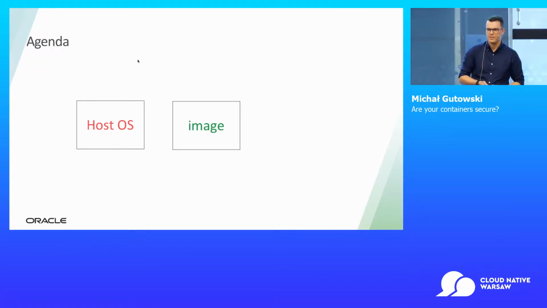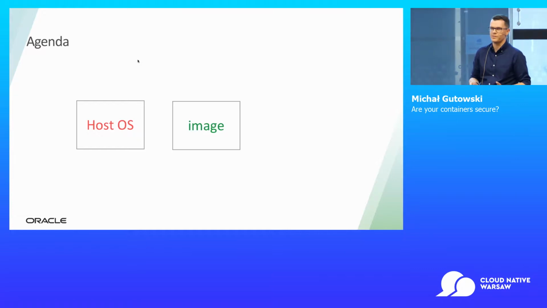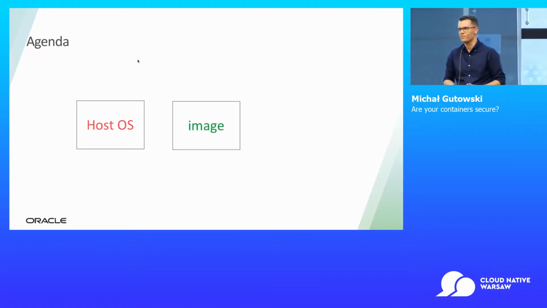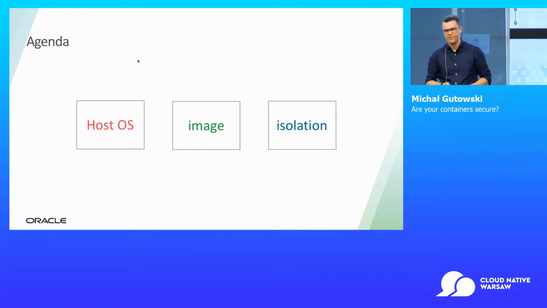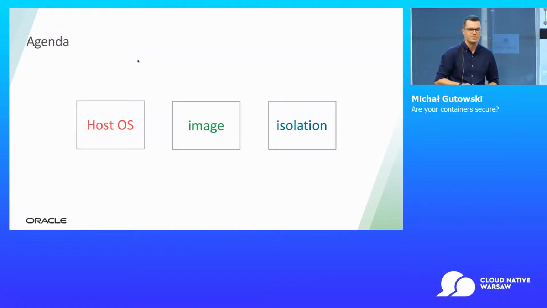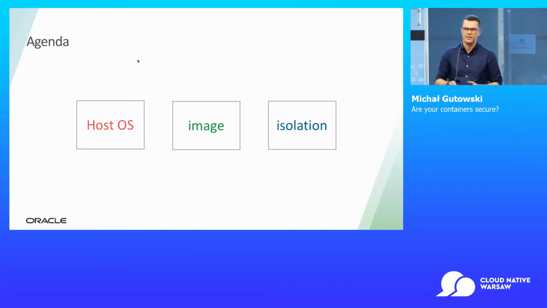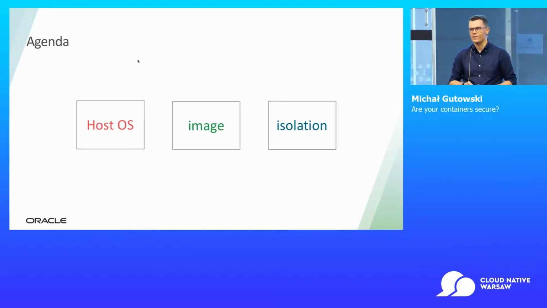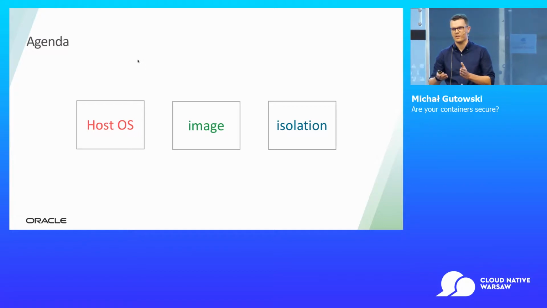The second thing I want to talk about is the image: the container images that we are using, where they are coming from, and what we are using. And the last thing is the isolation between workloads. I think this is really interesting, and what is actually happening in the cloud native space to get to the stage where we actually can isolate one container from another one.